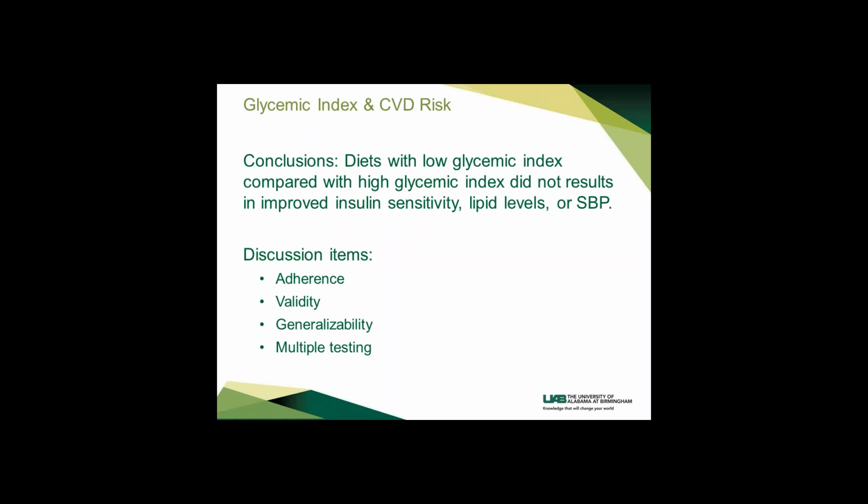The validity, again, is a question. I think this was a decent study. Again, there were 24 different possibilities they could have randomized to, and they only chose 8. But I think that's okay. I don't think we would have needed all those comparisons given the 24. Generalizability, I think, is actually not so great in this study. They had a very specific population of overweight people with relatively well-controlled blood pressure.